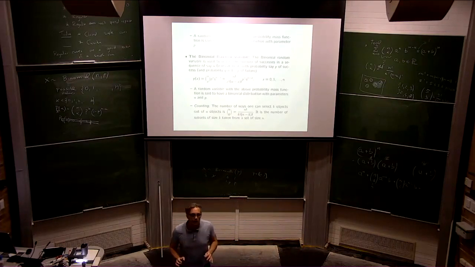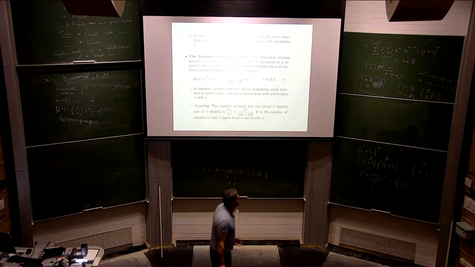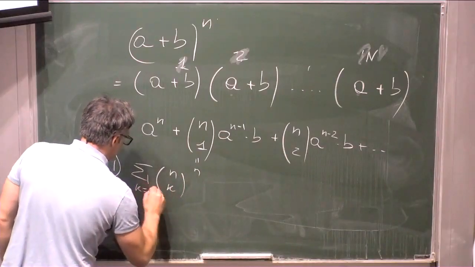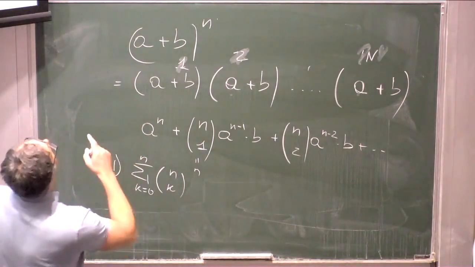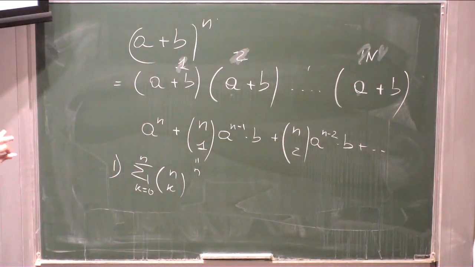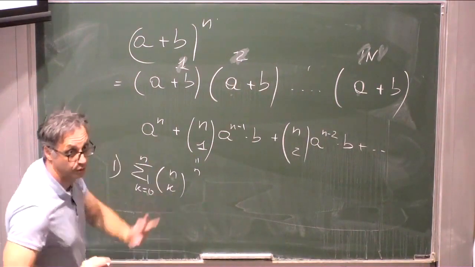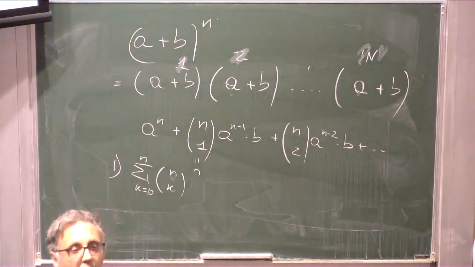But is it clear? Are we good? So I want to apply one. What is this? The sum must start from 0. If you have different things, if you start from 0, you don't end up with what is written here.